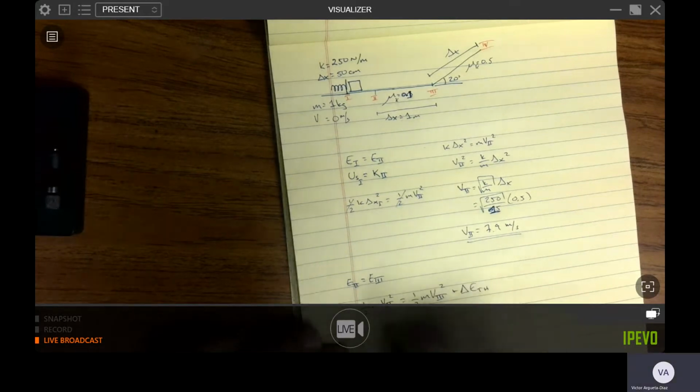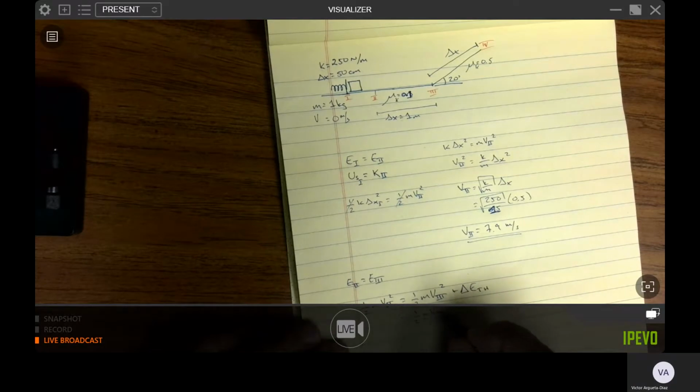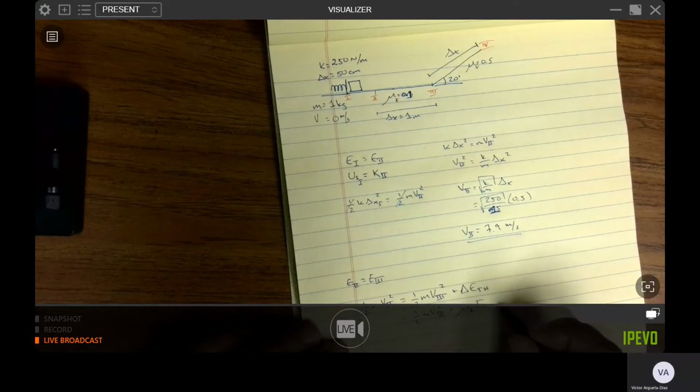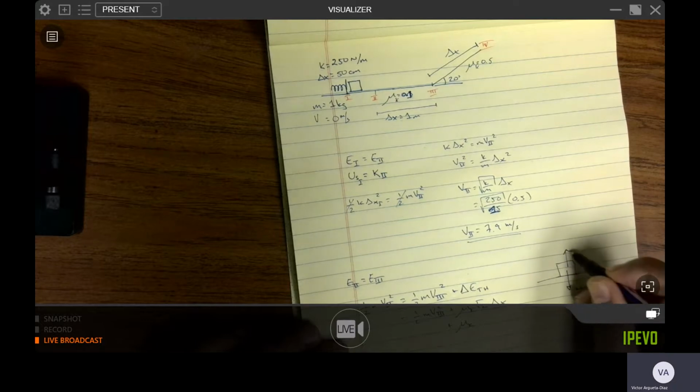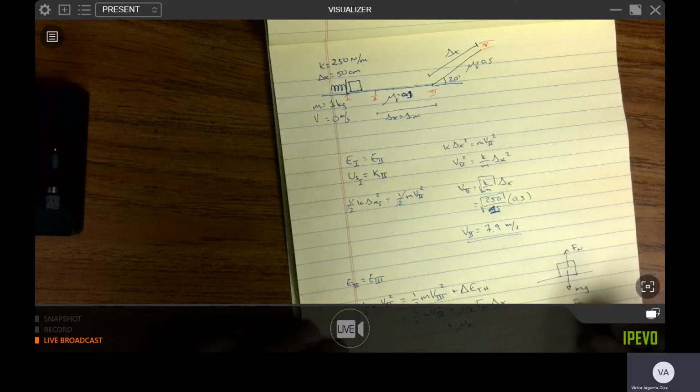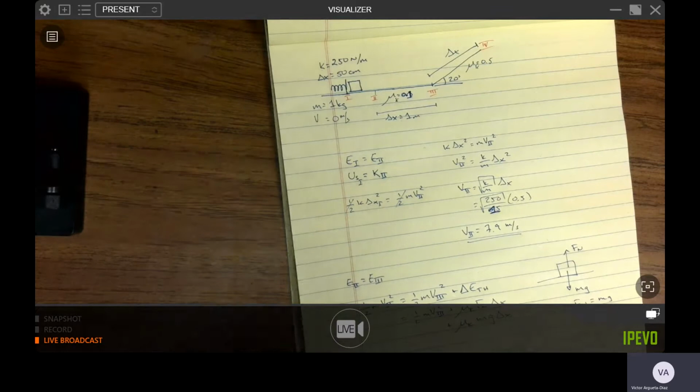The thermal energy is going to be mu k times the normal force times delta x. And because we're on a flat surface, we have gravity and the normal force, so the normal force here is going to be equal to mass times gravity. So this will be mu k m g delta x.